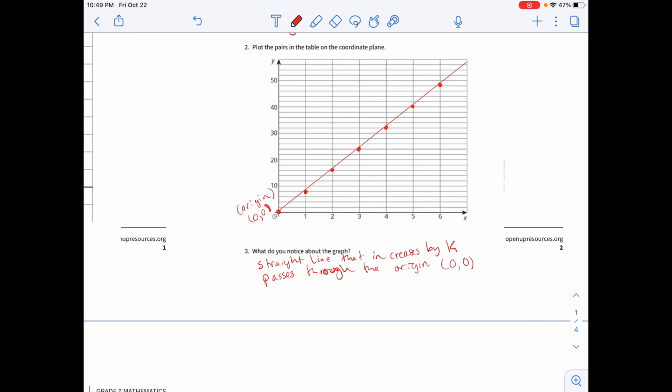Okay, so that's going to be a common factor of proportional relationships. And you might not see that it passes through the origin, but if you draw a straight line connecting them, it should go through that point 0, 0.